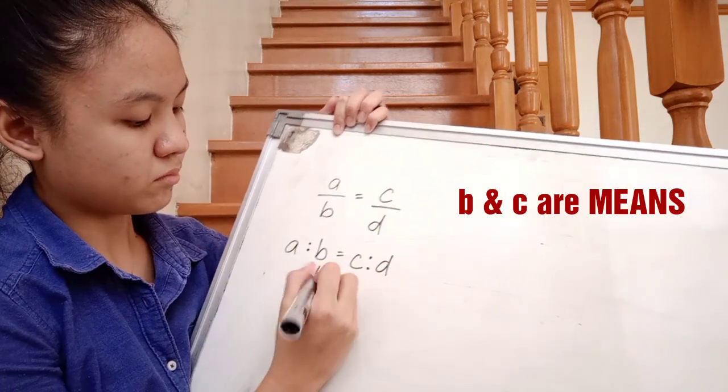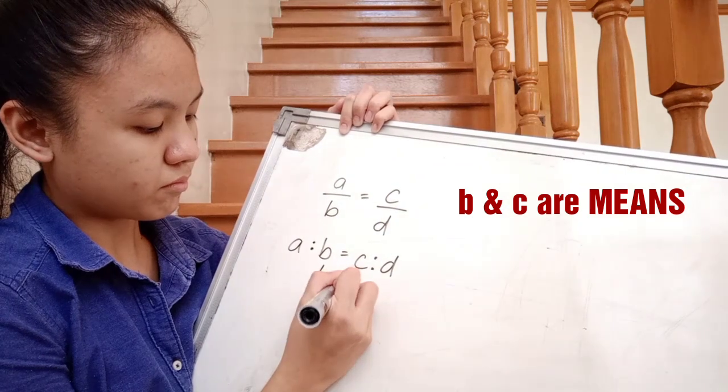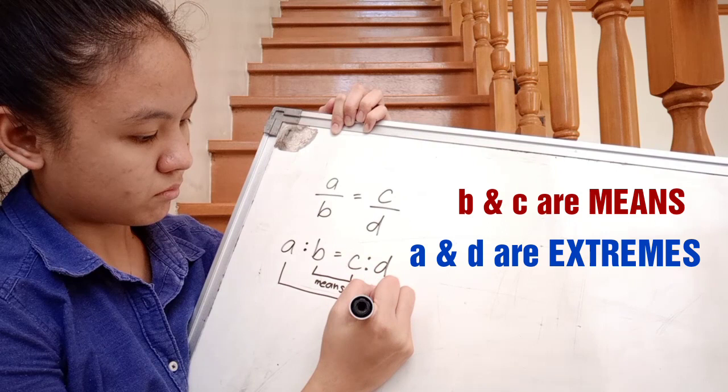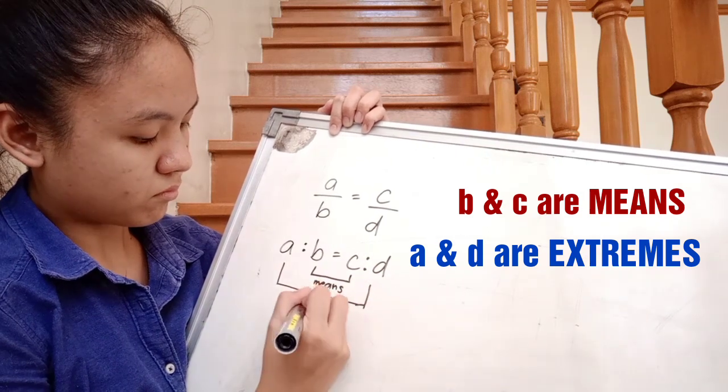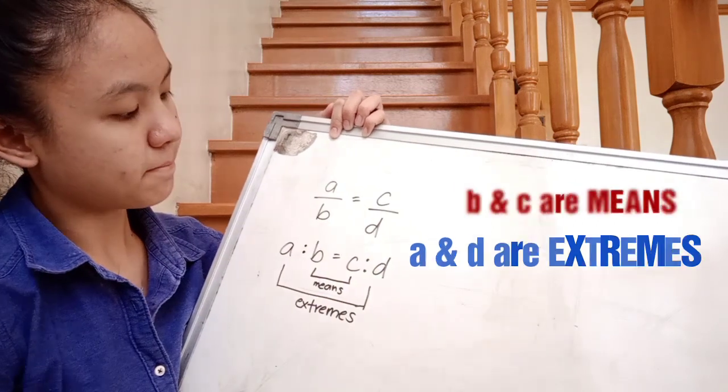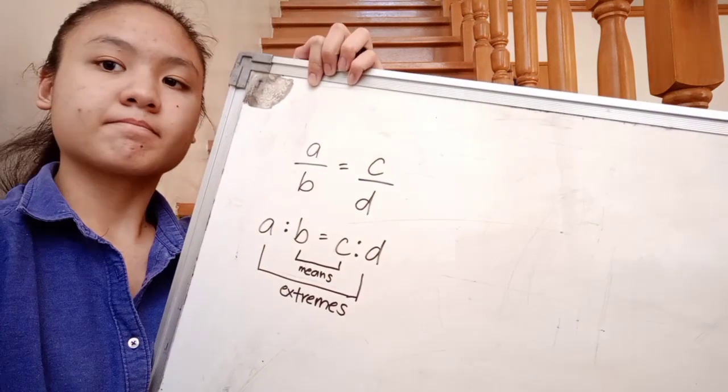B and C are called the means. A and D are called the extremes. So in case you didn't see what I wrote, here it is.